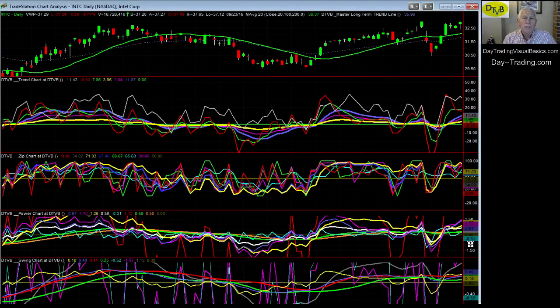Also, while I'm at it, swing yellow moves faster than swing blue, and swing yellow crosses over swing green and red sooner than swing blue. So we're not trying to use the swing blue for a trend change or a cycle change.